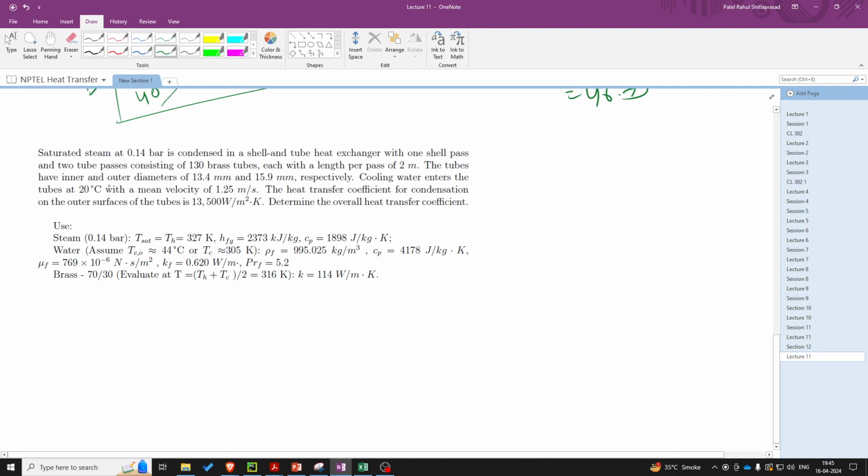The tubes have inner and outer diameter of 13.4 mm and 15.9 mm respectively. The cooling water enters the tubes at 20 degrees Celsius with a mean velocity of 1.25 meter per second. The heat transfer coefficient for condensation on the outer surfaces of the tube is 13500 watt per meter square Kelvin. Determine the overall heat transfer coefficient.